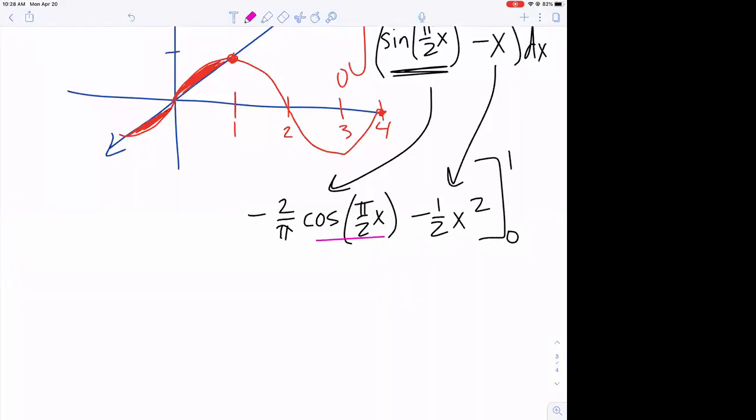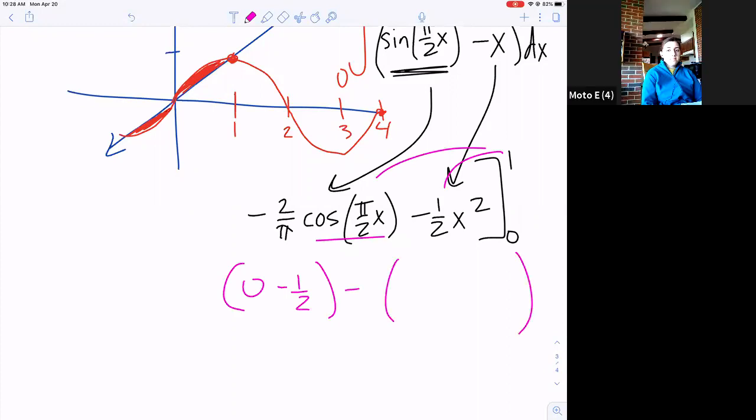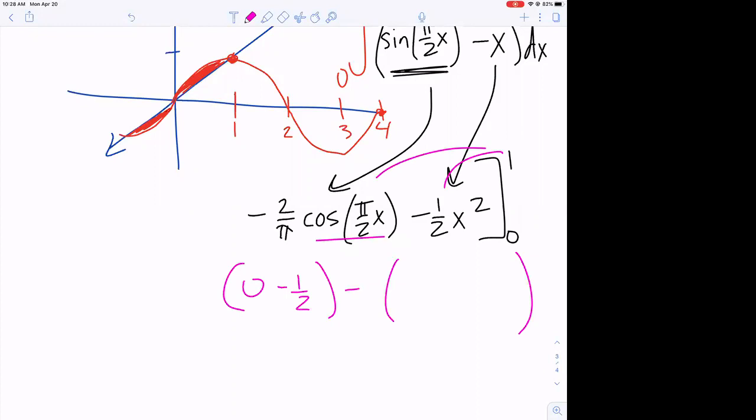And then when I plug in 1 to the 1/2 x squared, that's minus 1/2. So when you plug in 1 to both of these, you just get 0 minus 1/2. And then I'm going to plug in 0. But isn't cosine of 0 1? Yeah. Then I'm going to take 1 times -2 over pi. And then I plug in 0 to the x squared, and that's just 0. So that's easy. So then I've got -1/2 plus 2 over pi.